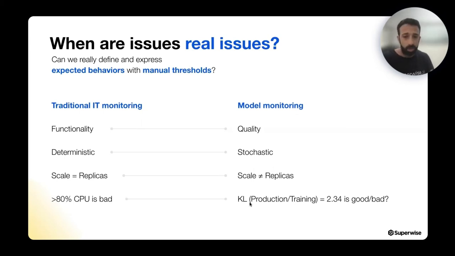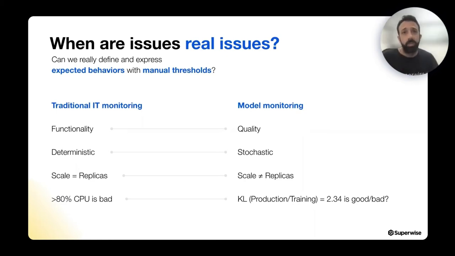For example, let's say you calculate a drift metric using a KL divergence equation, and the KL drift is 2.34 for a specific metric. Is that good? Is that bad? If it grows to 3, is it an anomaly now, or is it within the boundaries?